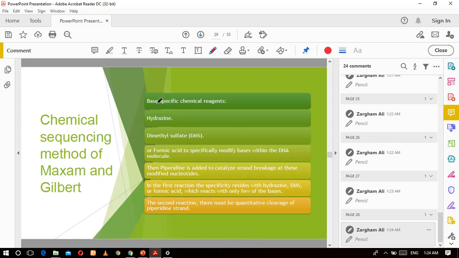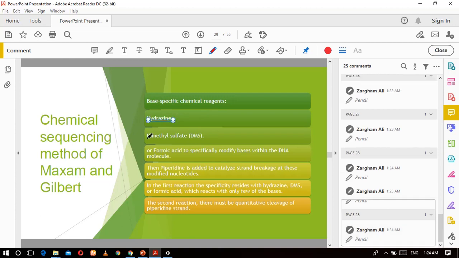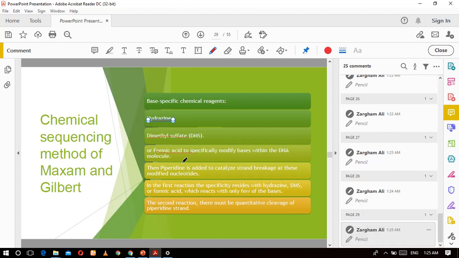For the base-specific chemical reagents, we need hydrazine and dimethyl sulfate for G. For C, formic acid is needed to remove the G and A, and then piperidine is added to cut the sequence, to cut the region where the base or nucleotide is removed.